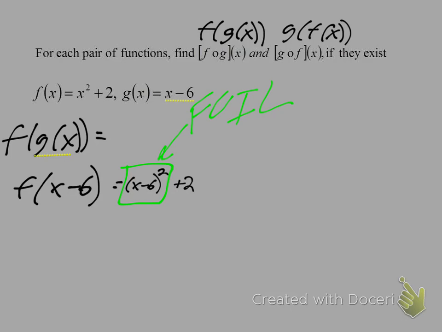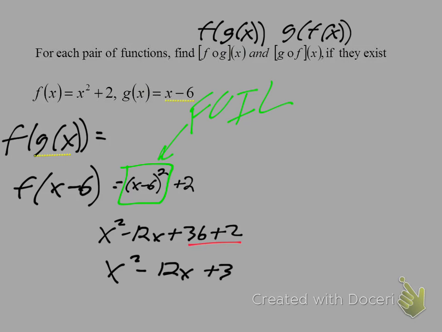So you foil that binomial out: x squared minus 12x plus 36. Still don't forget about the plus 2 to get your like terms. x squared minus 12x plus 38.